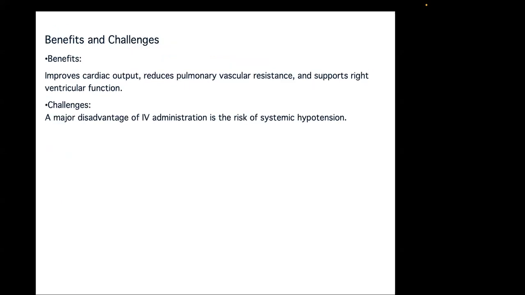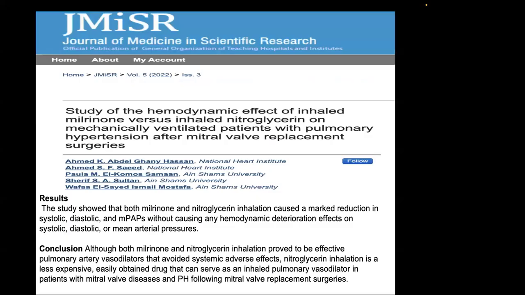Benefits and challenges: it improves cardiac output, reduces pulmonary vascular resistance, and supports right ventricular function. A major disadvantage of IV administration is the risk of systemic hypotension. Study of hemodynamic effects: inhaled milrinone versus inhaled nitroglycerin in mechanically ventilated patients with pulmonary hypertension after mitral valve replacement surgery.